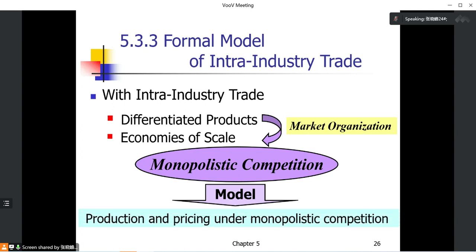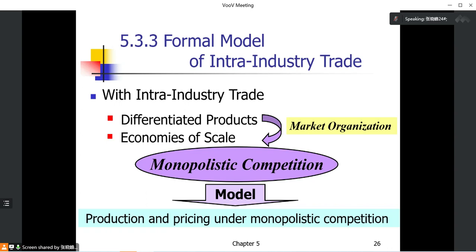The formal model of intra-industry trade. With intra-industry trade, we can see differentiated products. There are two preconditions for the occurrence of intra-industry trade: differentiated products and economy of scale.